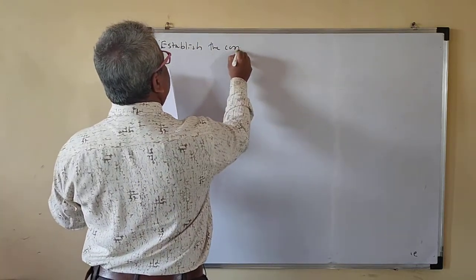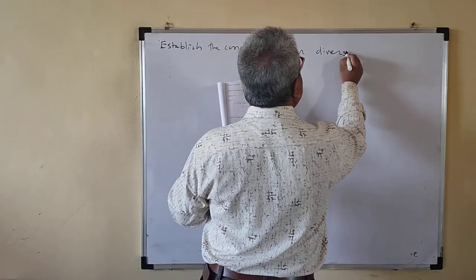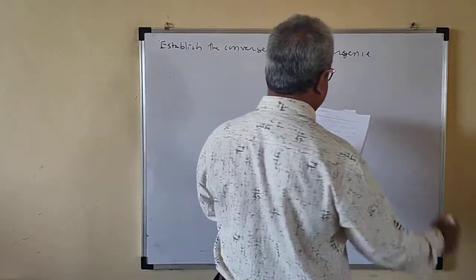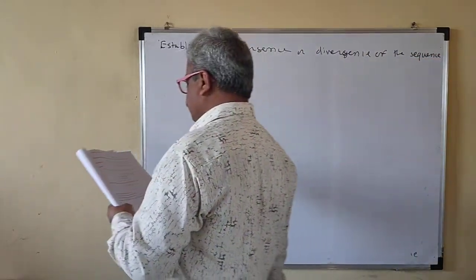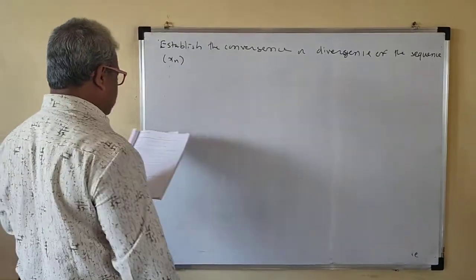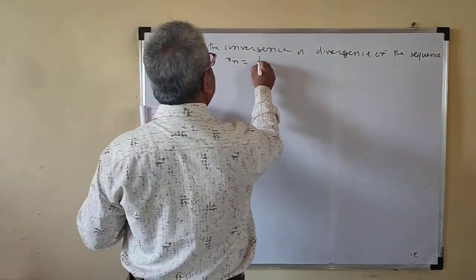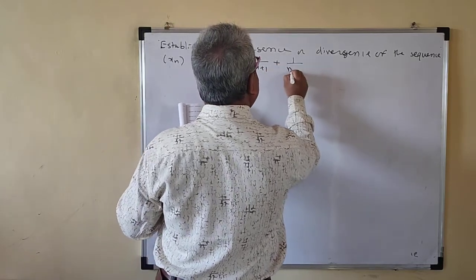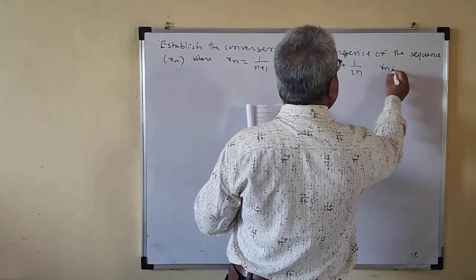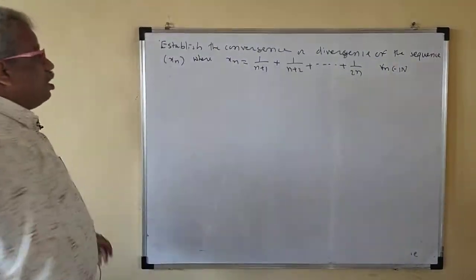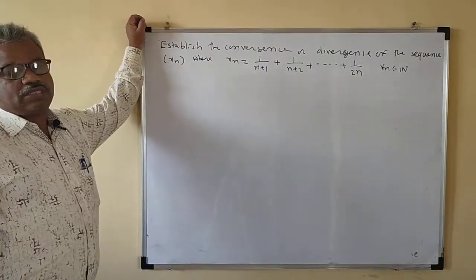Establish the convergence or divergence of the sequence xn where xn is equal to 1 upon n plus 1 plus 1 upon n plus 2 plus and so on plus 1 upon twice n for all n belongs to N. So we have given the nth term of the sequence, and we have to discuss the convergence or divergence of this sequence.